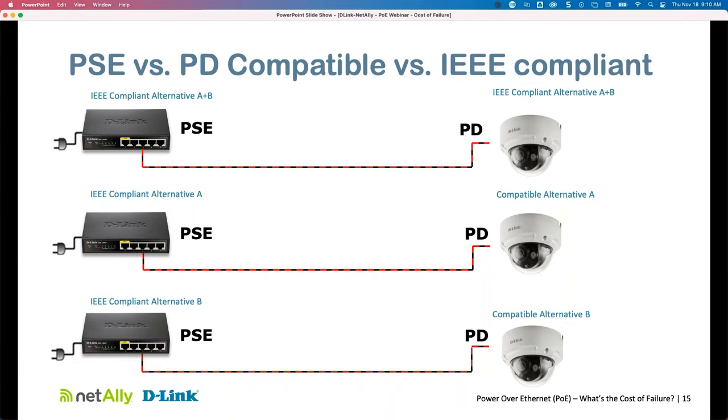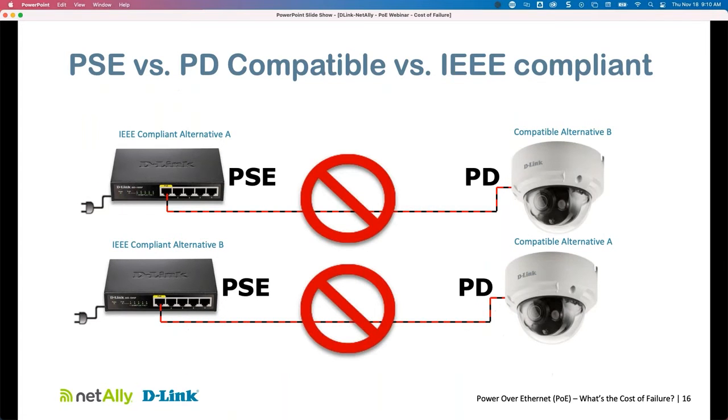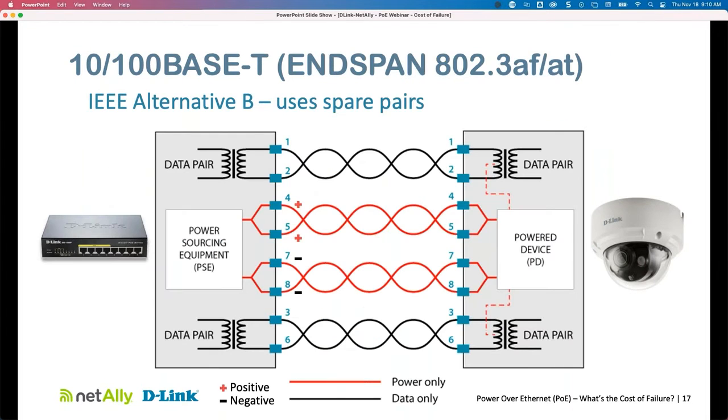But on the next slide, we'll show you if your PD, if your power device is compatible, but it is not compliant, you will not receive PoE power. Very important concept there.